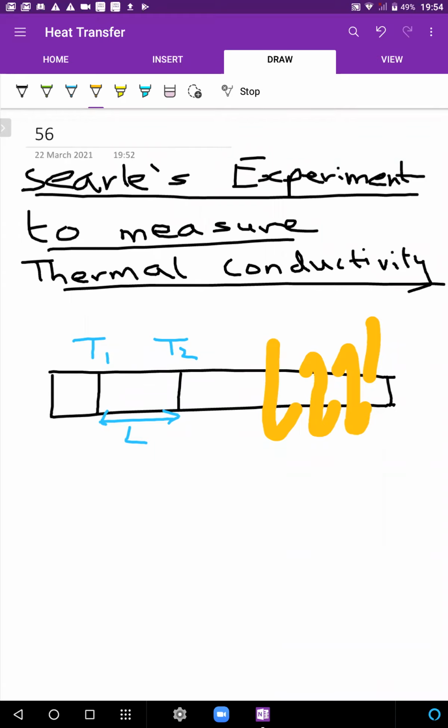This is a rod जिसका thermal conductivity हमें measure करना है. That is what we are trying to do in this experiment. So first and foremost is you'll accurately measure the temperatures of 2 points on the rod. Okay, so heat is going from this hotter end to this colder end. This is the hotter end. This is the colder end. So heat is going from the hot end to the colder end.